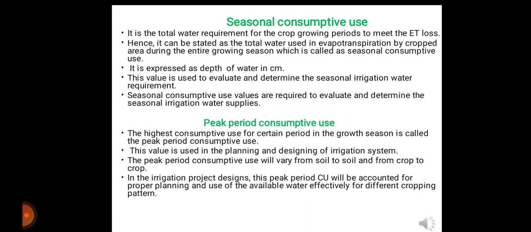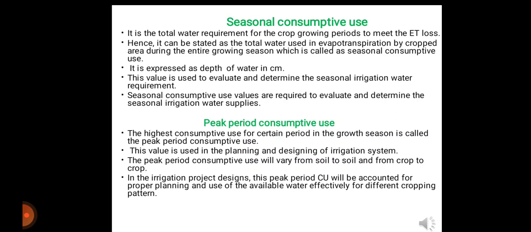Seasonal consumptive use. It is the total water requirement for the crop growing period to meet the evapotranspiration losses. Hence, it can be stated as the total water used in evapotranspiration by a cropped area during the entire growing season, which is called seasonal consumptive use.